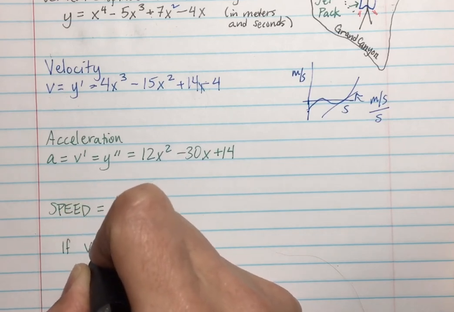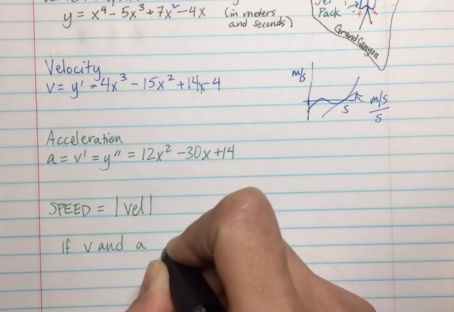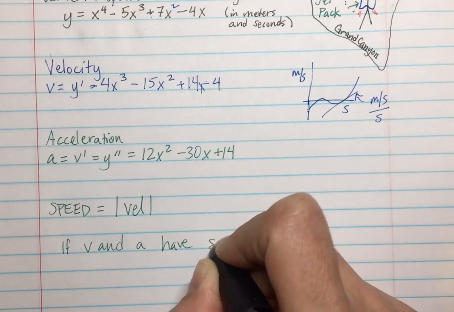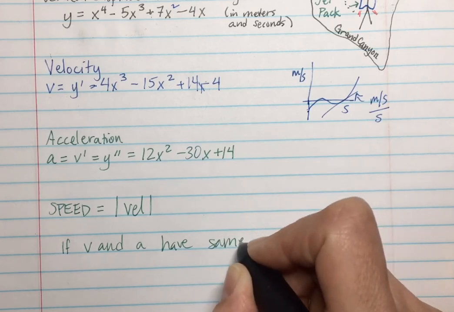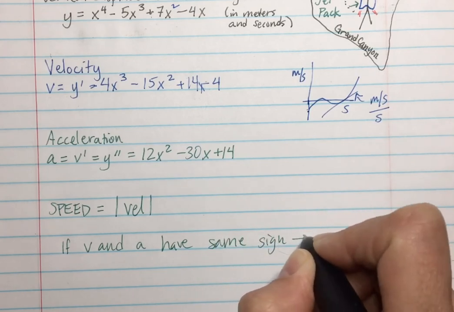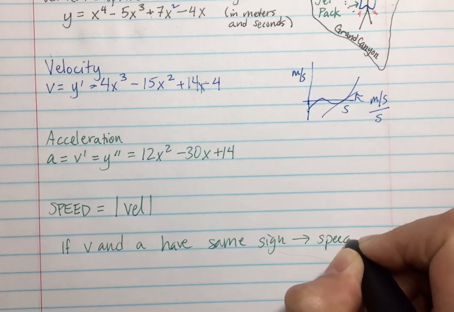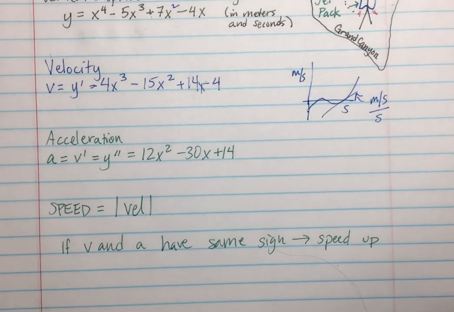So if velocity and acceleration have the same sign, positive or negative, you're speeding up. If your velocity and acceleration have opposite signs, you're slowing down. You can think of those as working against each other.